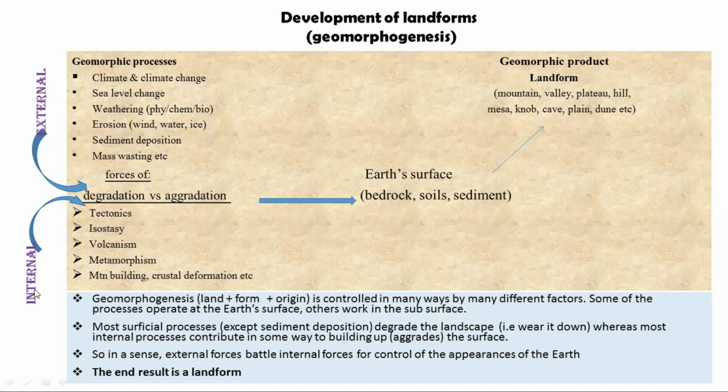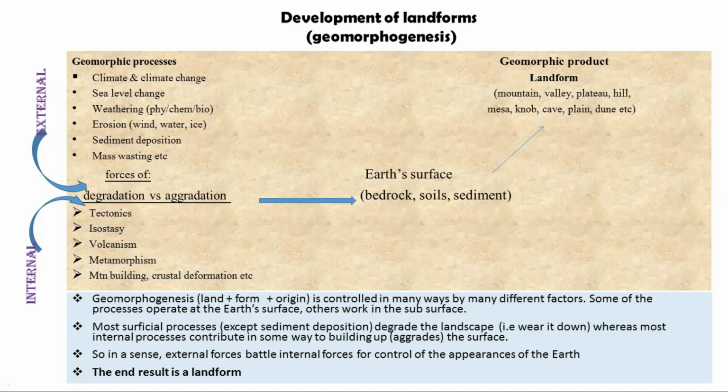Now, what are the internal forces? The tectonic movements of the earth, isostasy, volcanism, metamorphism, mountain building, crustal deformation, etc. You see, these forces tend to build the landform up. These are degradation, while these can be called aggradation.